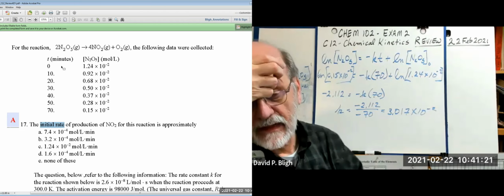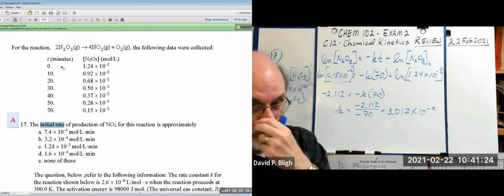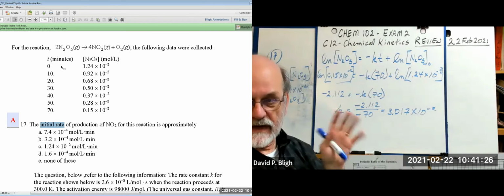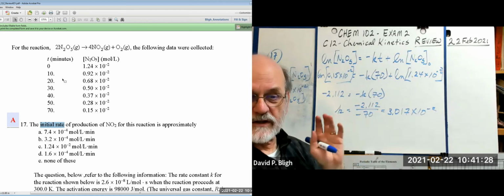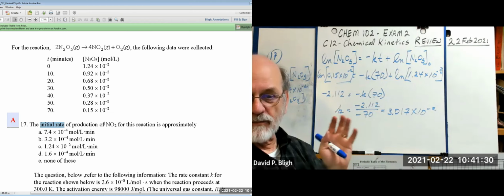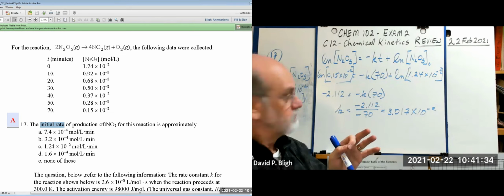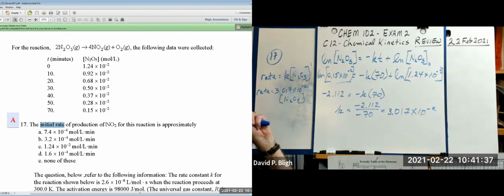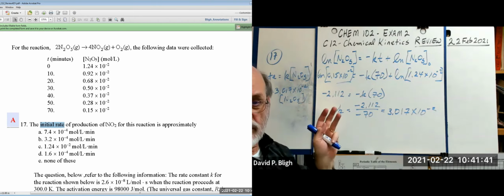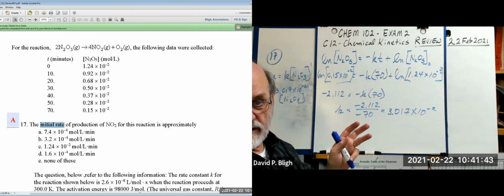All right. So we've got our rate law in terms of N2O5, but the question is, what's the rate of production of NO2? That's the rate of disappearance of N2O5. The rate of production of NO2 is what? Look at this.